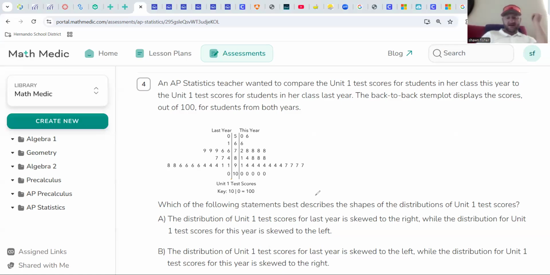But let's look here. Which of the following statements best describes the shape? Well, the shape of a distribution could be multiple ways. It can be uniform. It could be bimodal, right? Unimodal. It can be skewed right, skewed left, very balanced, what we call normal. Okay. So, what is this one doing?